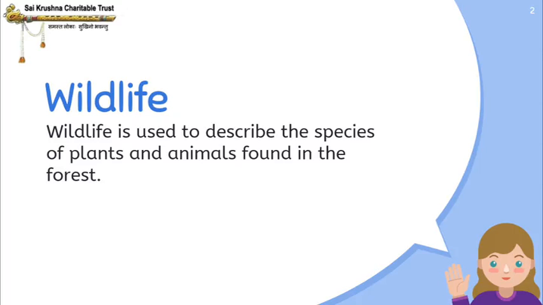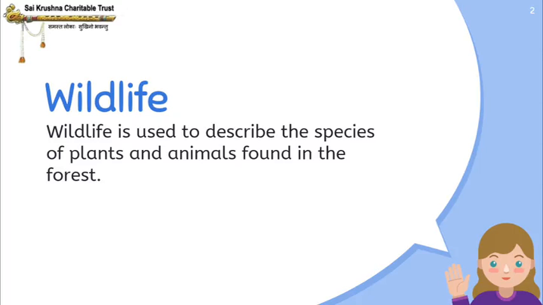Okay, so let us look at the definition here. So wildlife is used to describe the species of plants and animals found in the forest. So wildlife is used to describe what and what? It refers to both plants and animals. Okay. So will it include domestic animals?